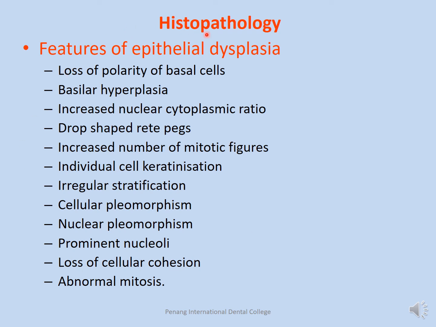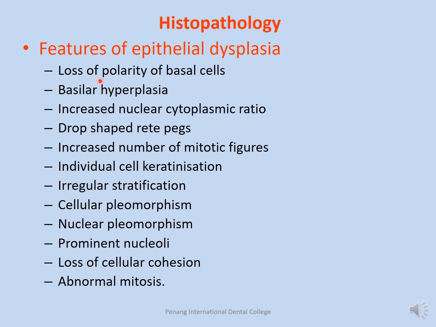What we're worried about is, has the patient's mucosa undergone any cancerous changes? When we say cancerous changes, we mean epithelial dysplasia. Now for epithelial dysplasia, we have these 13 features outlined by the WHO that help pathologists and oral pathologists identify epithelial dysplasia.